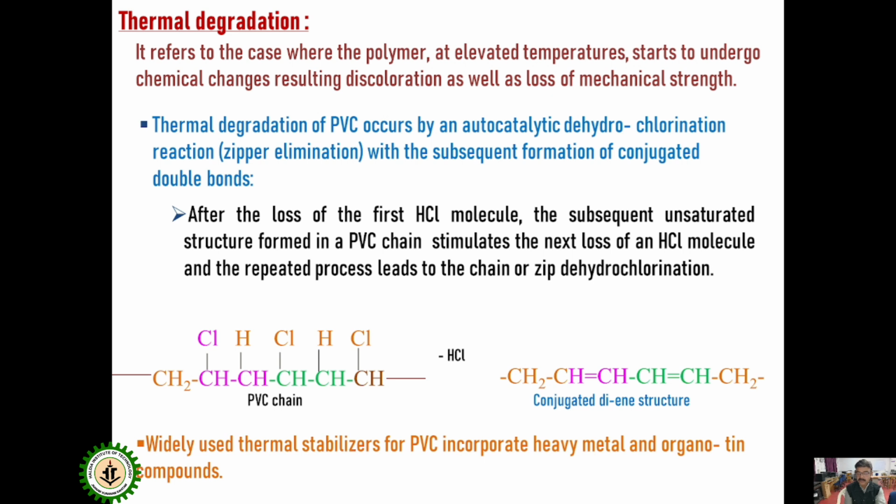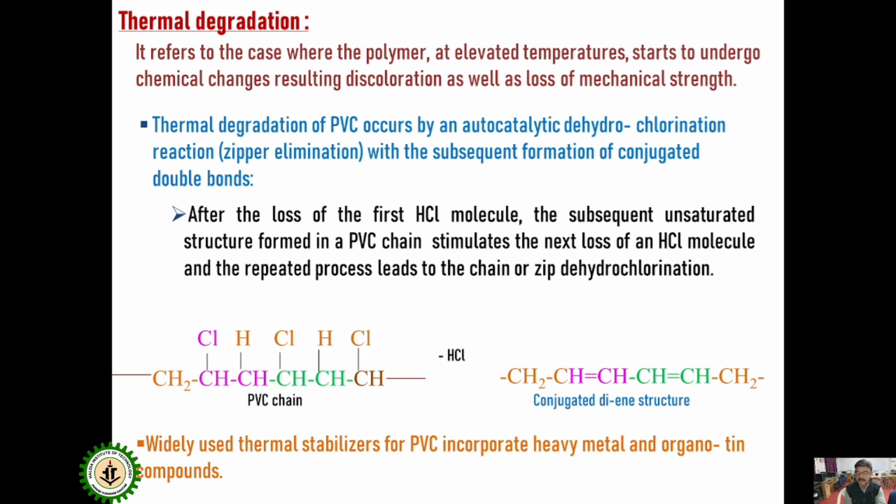More importantly, and most interesting, is that once one molecule of HCl is produced in the system, the process of degradation will be faster because the produced HCl is acting as a catalyst for further degradation.